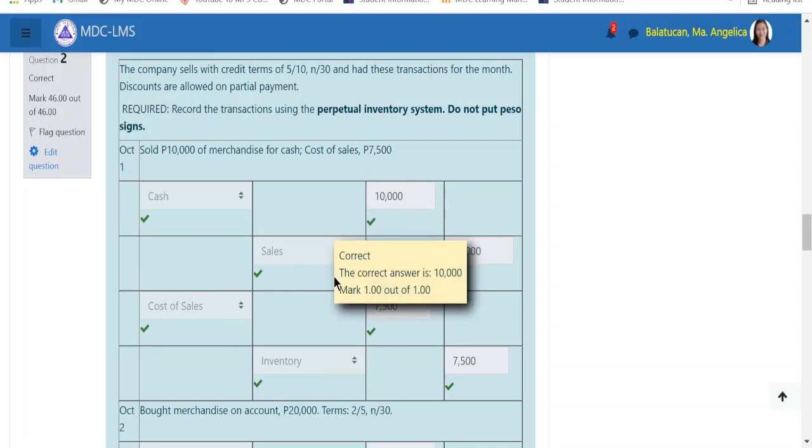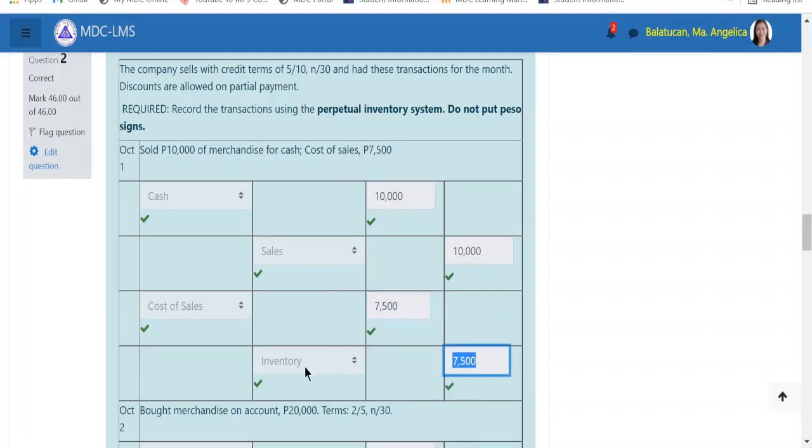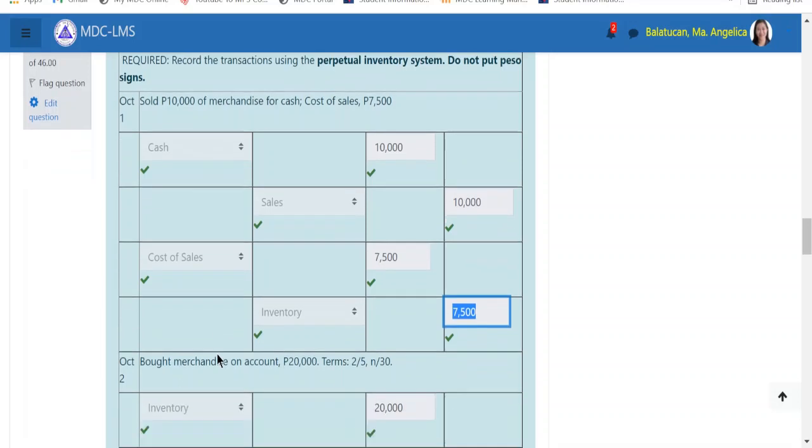Pila man jud tong gasto sa palit na to or pag-acquire na to sa inventory para mabaligya. So that's debit cost of sales 7,500, and credit inventory 7,500. This means that we credit the inventory, or the inventory will be reduced by 7,500.